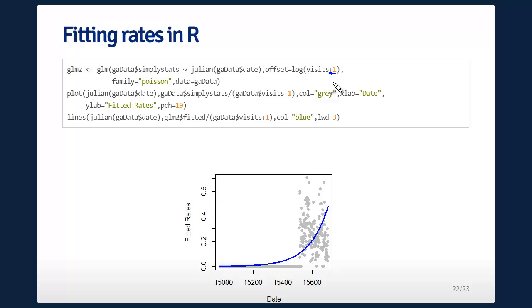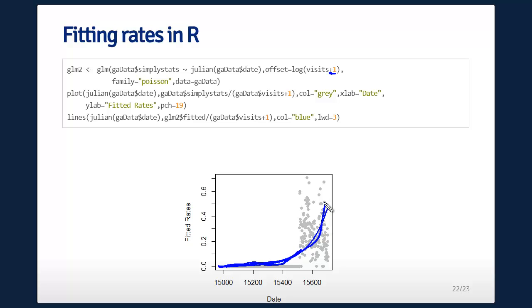Here are the rates, so not the count, but the rates. What you can see is that the rate of hits from Simply Statistics was basically 0 for a while, and then it went up. The model fits it as not exactly 0, but close to 0, and then it shoots up.